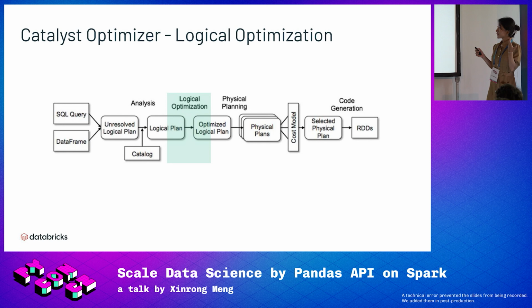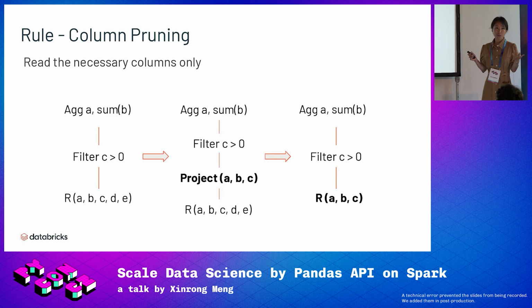So let's start with an optimization rule in the logical optimization stage. It's called column pruning. Column pruning ensures that only necessary columns are read for a query. There is an example. We should read it bottom up. We have a table with 5 columns, and we apply a filter over column C. Then we do group by A and get the sum of column B per group.